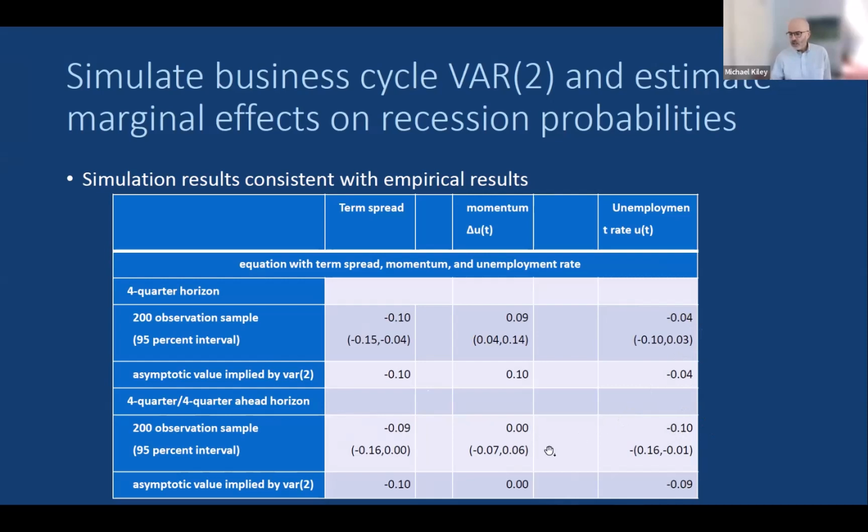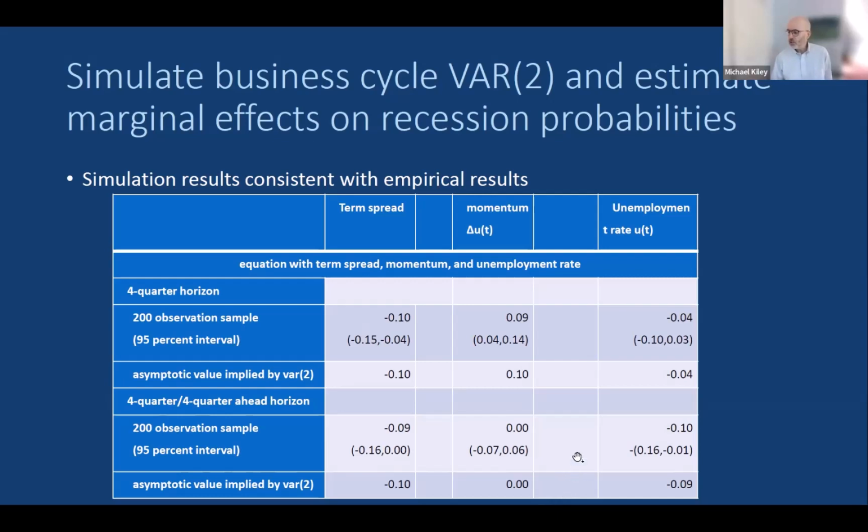So this, again, just a standard VAR, just standard hump-shaped dynamics for the unemployment rate and the term spread, predict exactly the type of results that we see in the data, right? The unemployment rate, the state of the business cycle, is good at longer term horizons, whereas the term spread and momentum are good at near-term horizons, right?